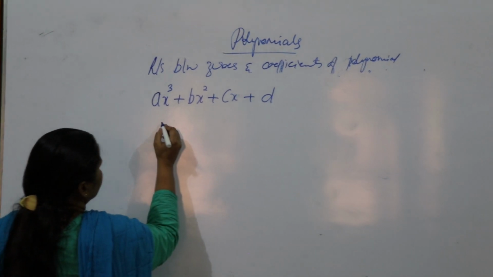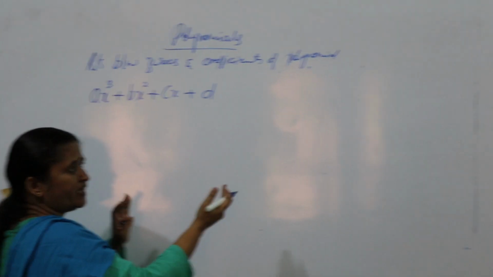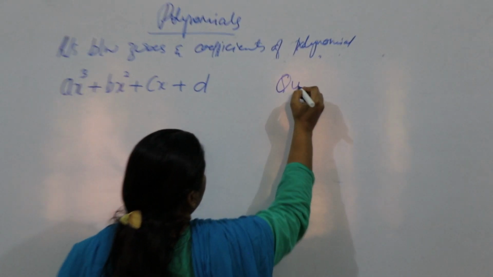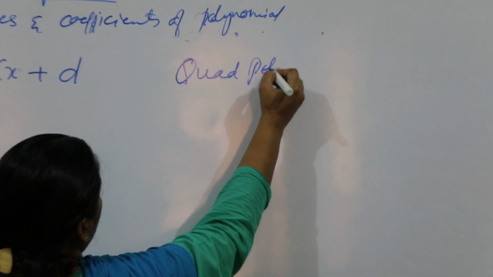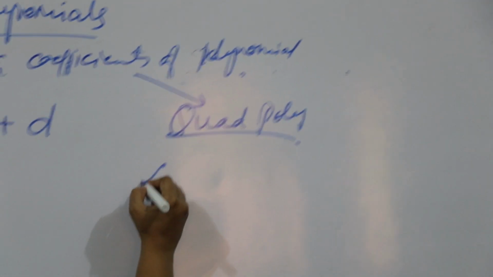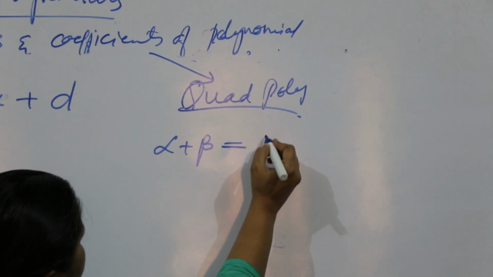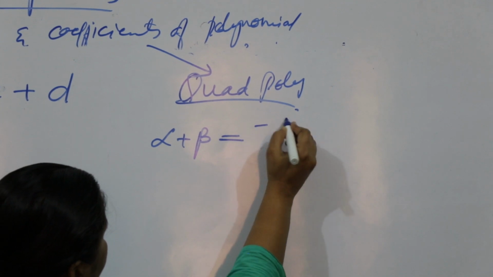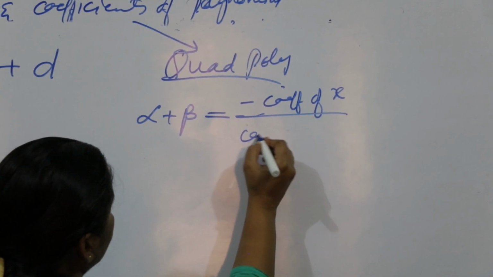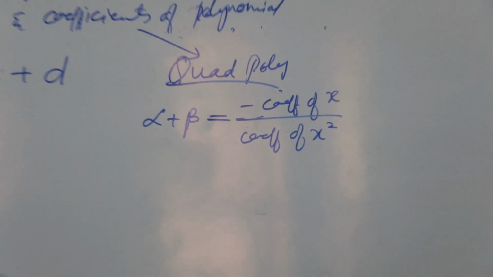First, we just try to compare it with the quadratic polynomial so that it becomes easier for you to remember, because now we have already learnt the quadratic polynomial relationship. What is it, children? Alpha plus beta, that is the sum of the zeros, is equal to minus coefficient of x by coefficient of x square, right?